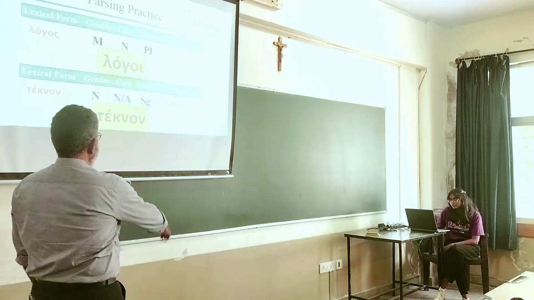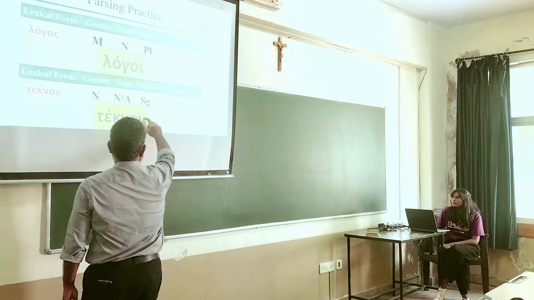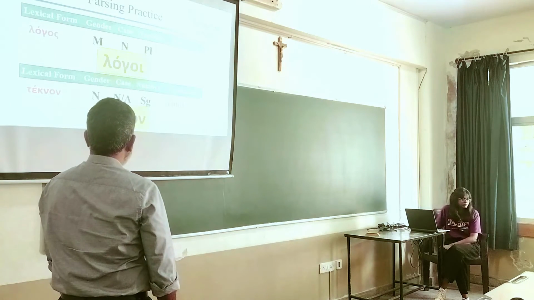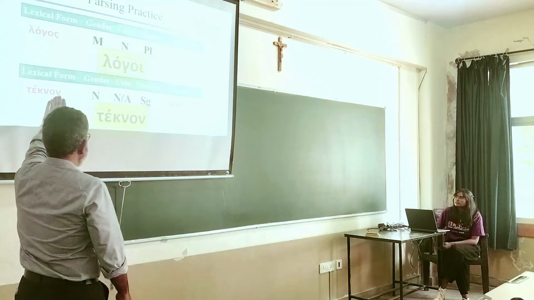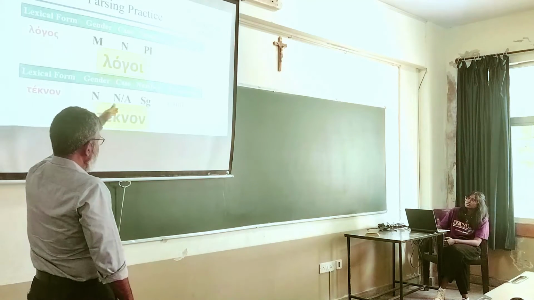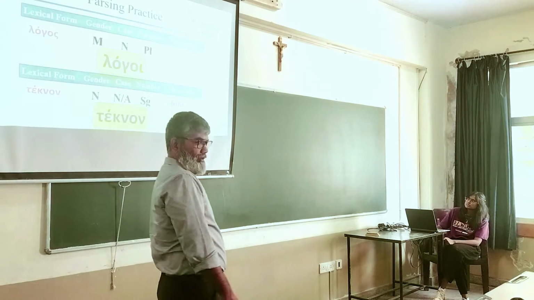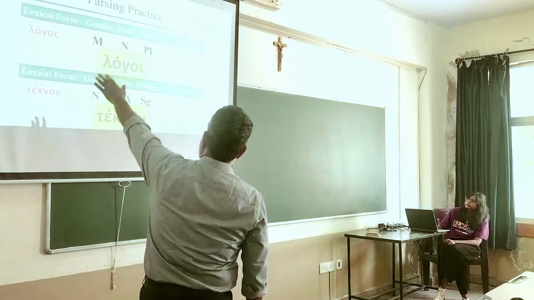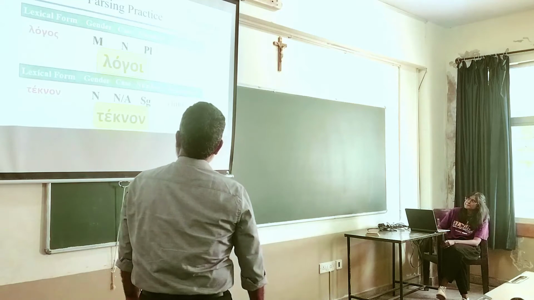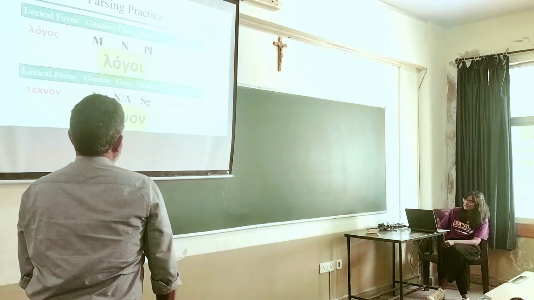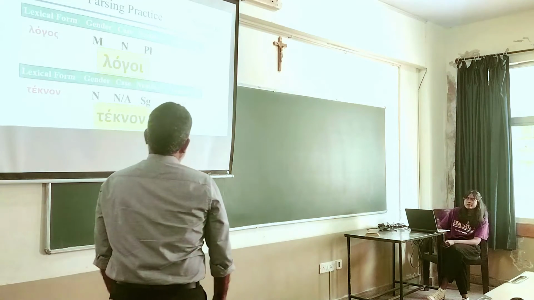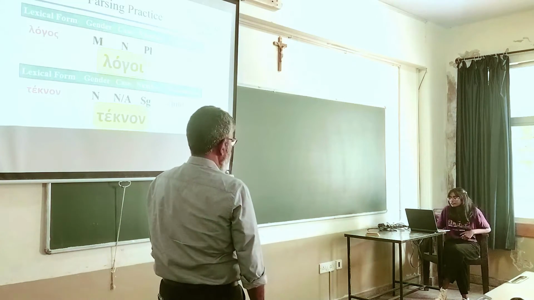If it is teknon with an omega, then you know it is a genitive plural. So you understood what parsing means? Breaking the noun into pieces, identifying the noun. This is what is called parsing. It is a big part of translation. Okay, let's move ahead.